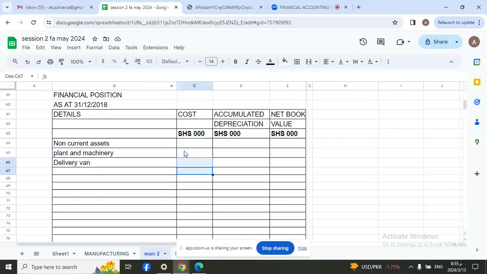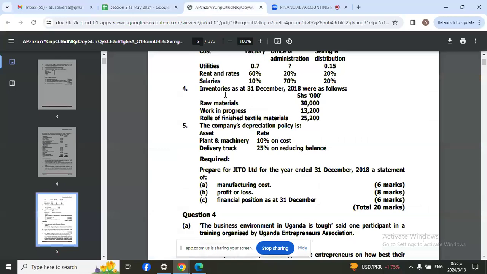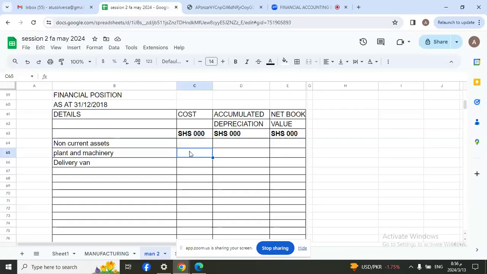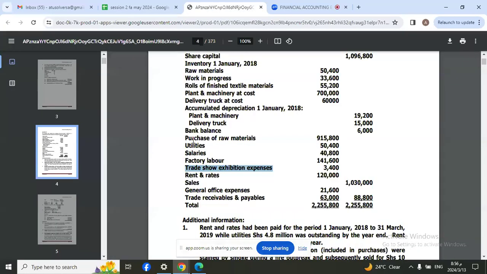So from there, plant and machinery, we go pick their cost. When you check here, plant and machinery cost is how much? 700,000, and this one 60,000. Our accumulated depreciation, when you check, assumed depreciation for plant is 19,200.